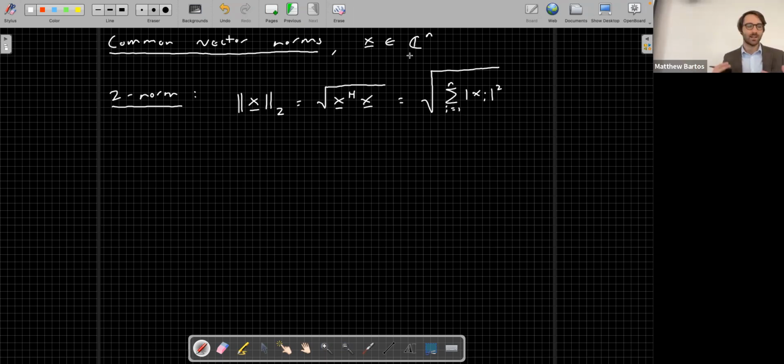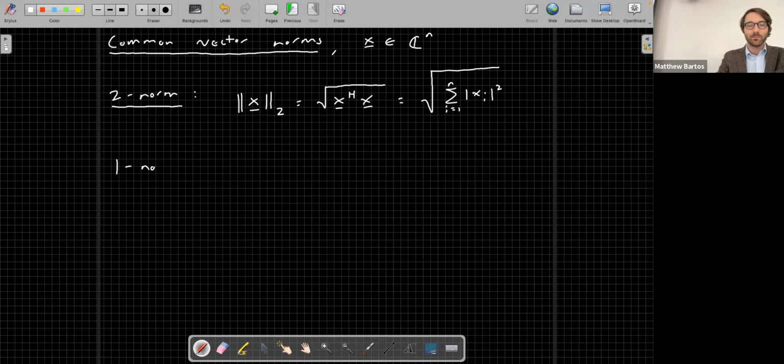This is the most common norm that you think of. This is how you would compute, for instance, if you're working in Euclidean geometry, the length of a vector. I'll go through some examples of each of these norms applied to an example vector to make it more concrete. But a 2 norm is not the only norm. It's not the only valid norm.